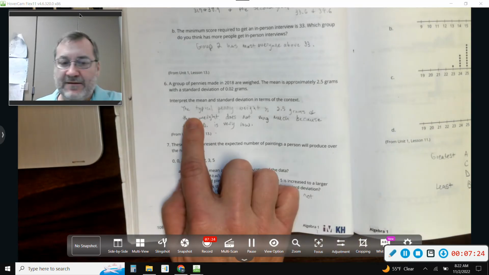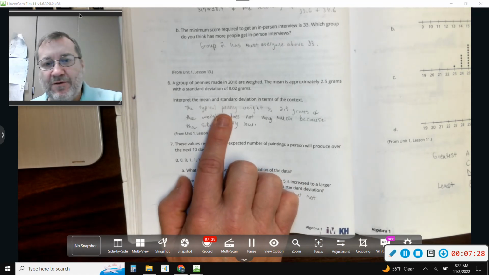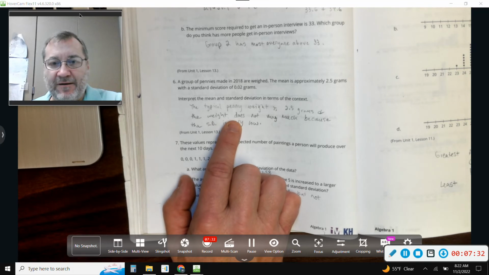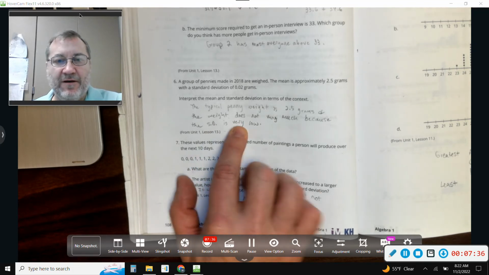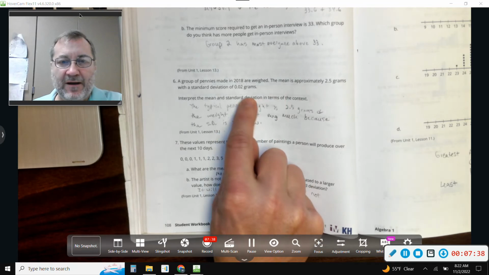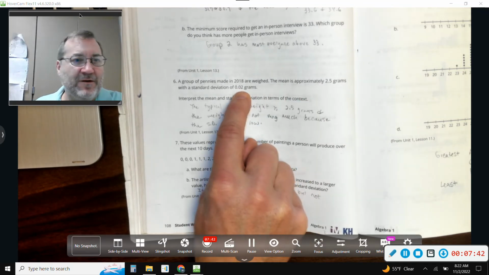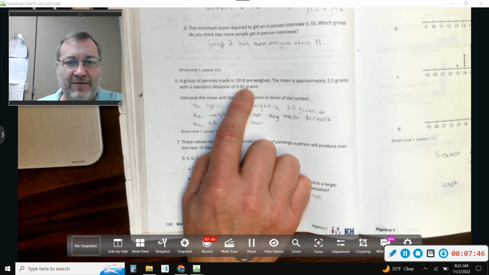So for the answer: the typical penny weight is 2.5 grams, and the weight does not vary very much because the standard deviation is very low. So if you look at this number, 0.02 versus 2.5, that's less than 1% of variance. So that's a really tight tolerance. Not very much variation at all.